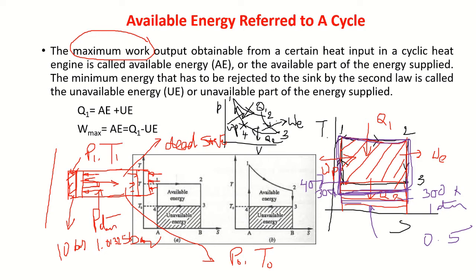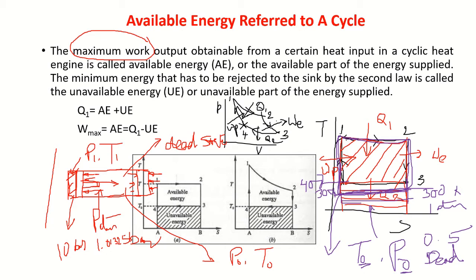Anyway, in a normal condition, the maximum that we can expand is to the dead state. That is atmospheric pressure. We represent the temperature as T naught and the corresponding pressure as P naught, and this state we call the dead state, and we represent it by this suffix.